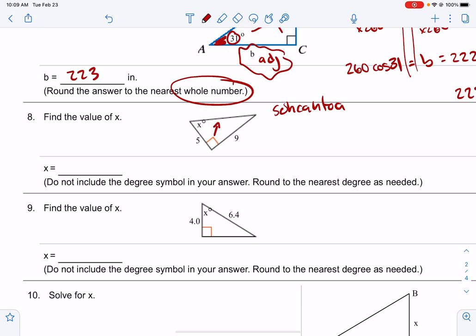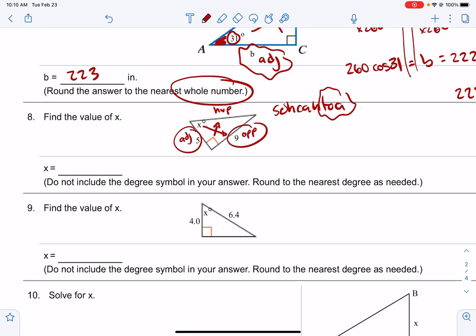Across from the 90 is my hypotenuse. I'm using this angle as my angle, so across from X is my opposite, which makes the 5 my adjacent. So when I think about SOH CAH TOA, I've got adjacent and opposite. So I'm looking for what uses A and O, and that's going to be the tangent.